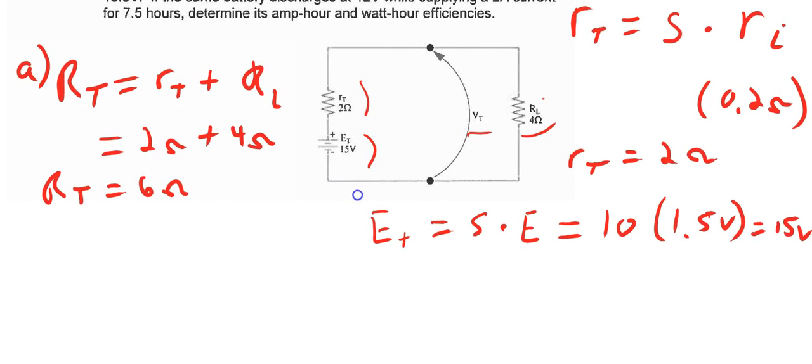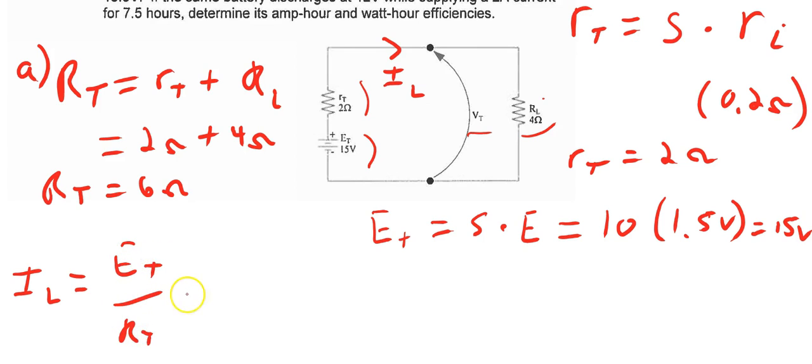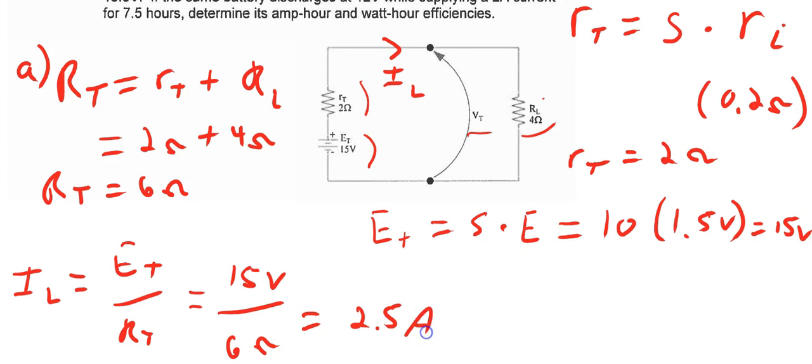Now we can apply Ohm's law to calculate the circuit current, whereby we can say that I load equals ET divided by RT, and that gives us 15 volts over 6 ohms, or 2.5 amps as the circuit or load current.